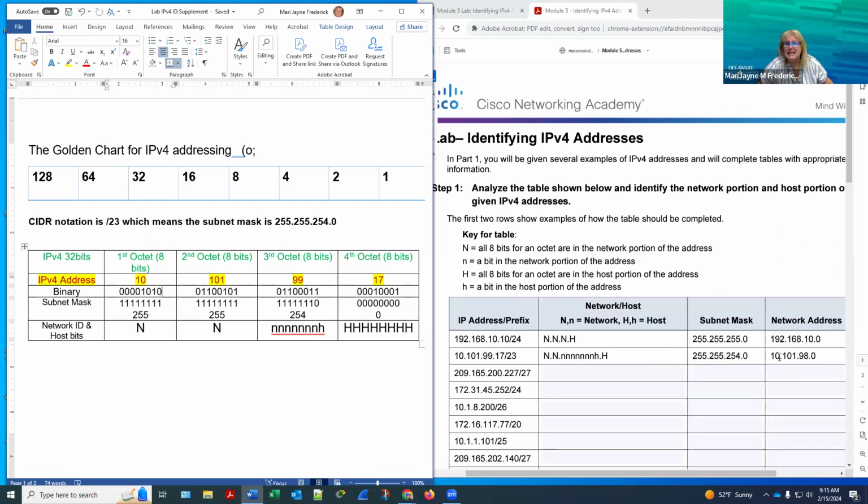Now you'll see that 10.101.98.0 is the network address. Well, because we have this host in here, it's going to be one less.